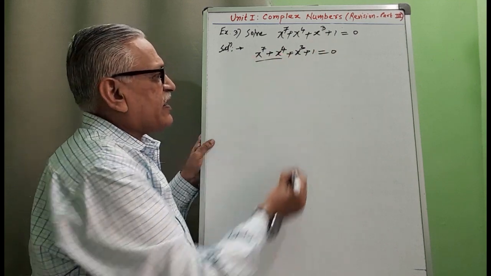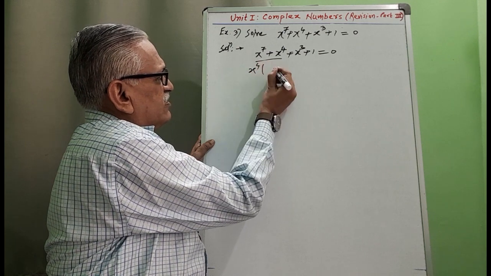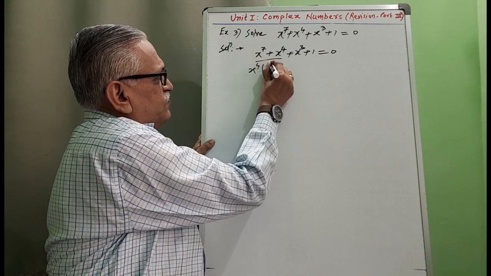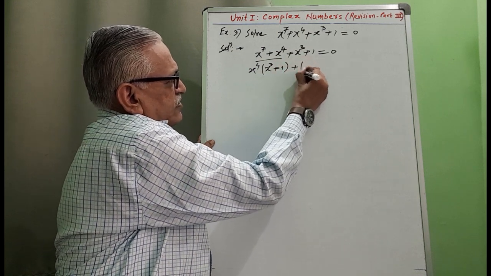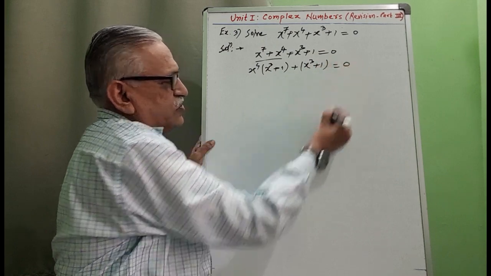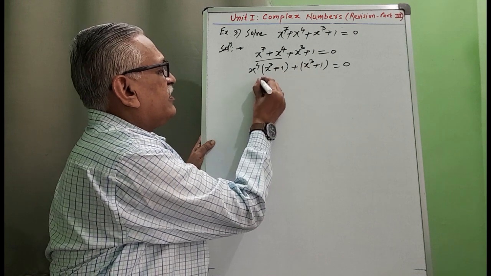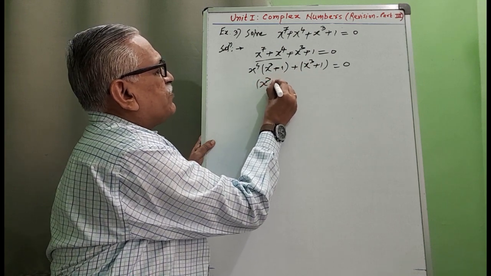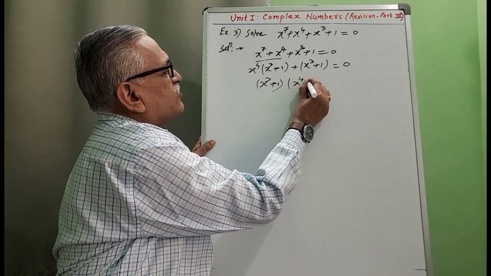From the first two terms, I can take x raised to 4 common, remaining terms here x cube and here 1 remains, and plus x cube plus 1 equal to 0. From these two terms, I can take x cube plus 1 common, and the remaining terms are x raised to 4 plus 1.